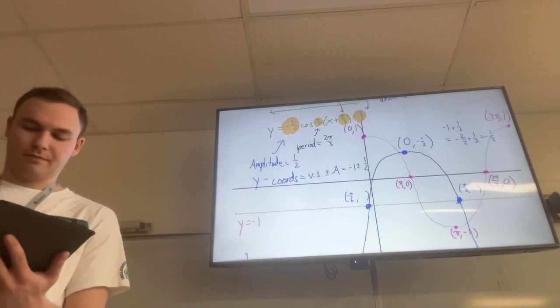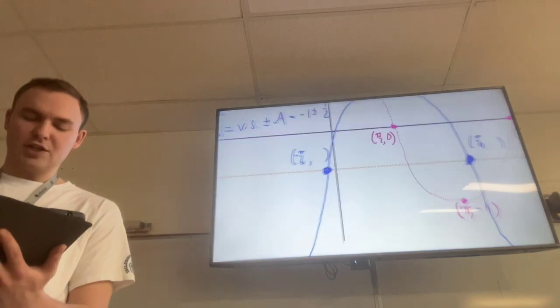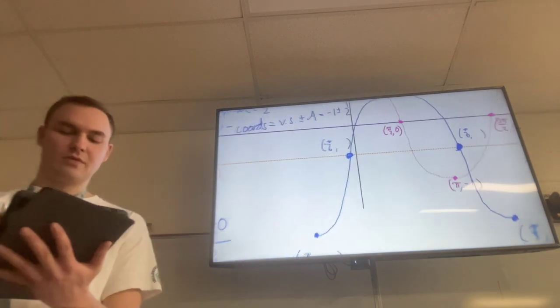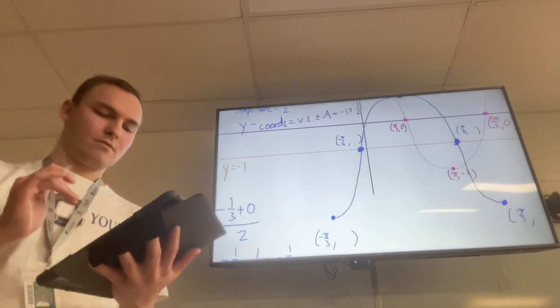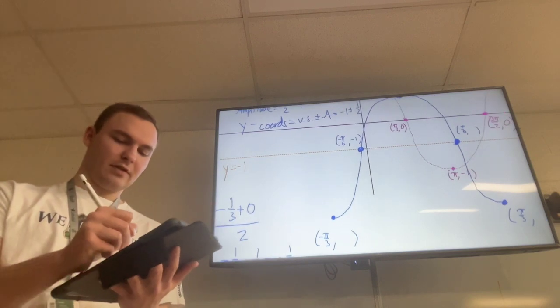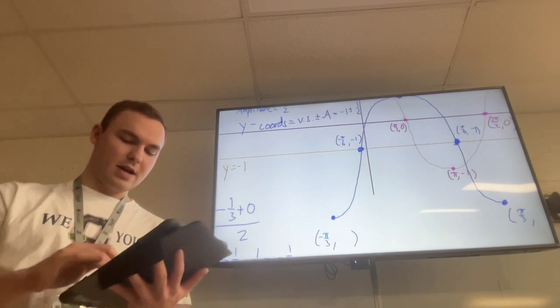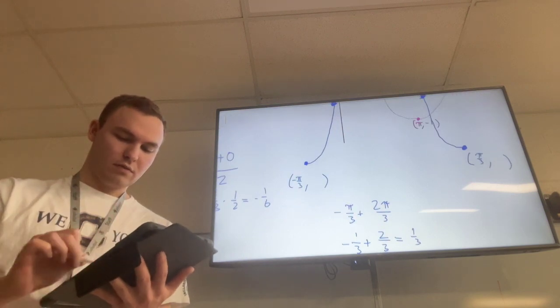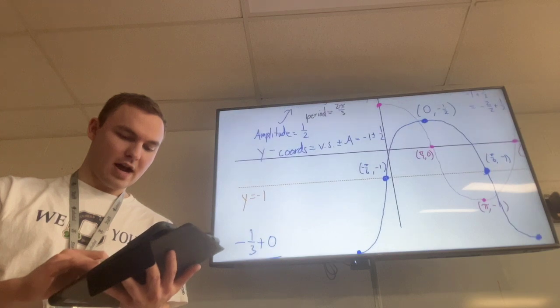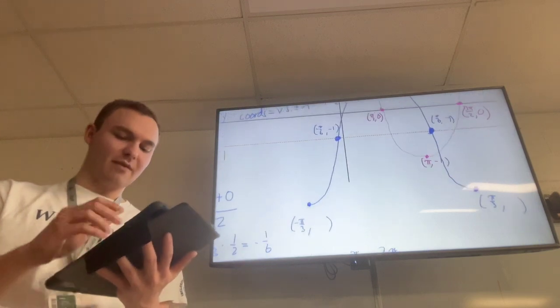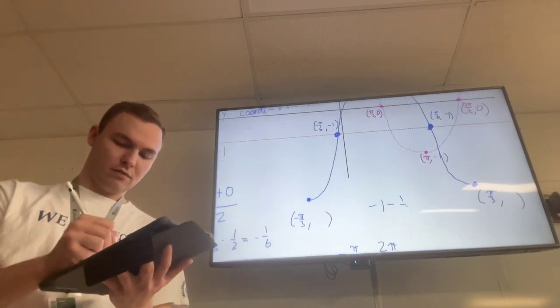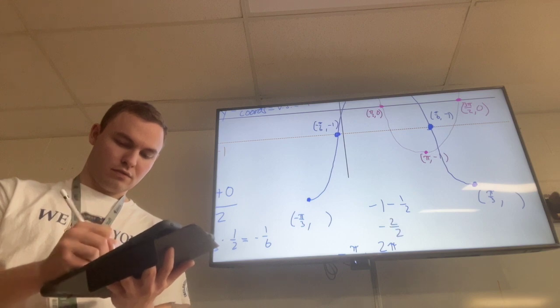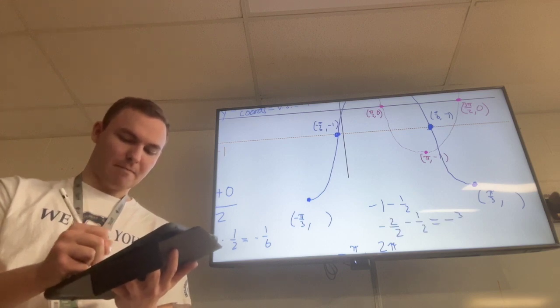These two right here in the middle, what line are they on? Yep, so the y-coordinate of -1. And then these two guys here at the bottom, what are their y-coordinates going to be? -1 minus 1/2. What's -1 minus 1/2? Yep, -3/2. Good job.